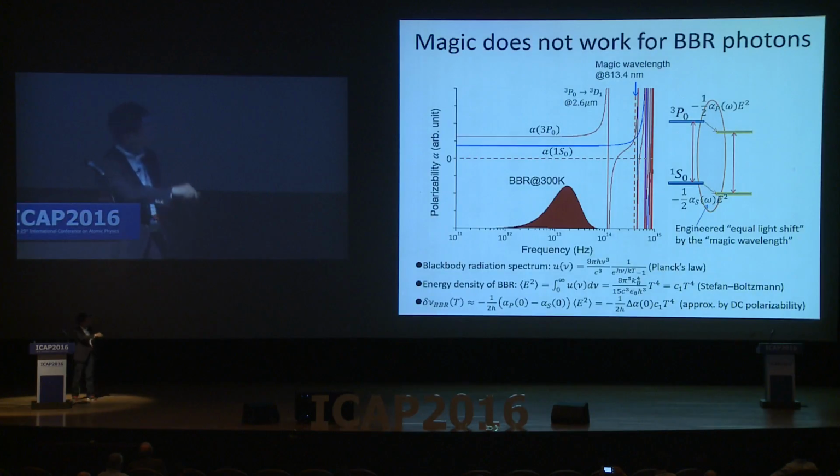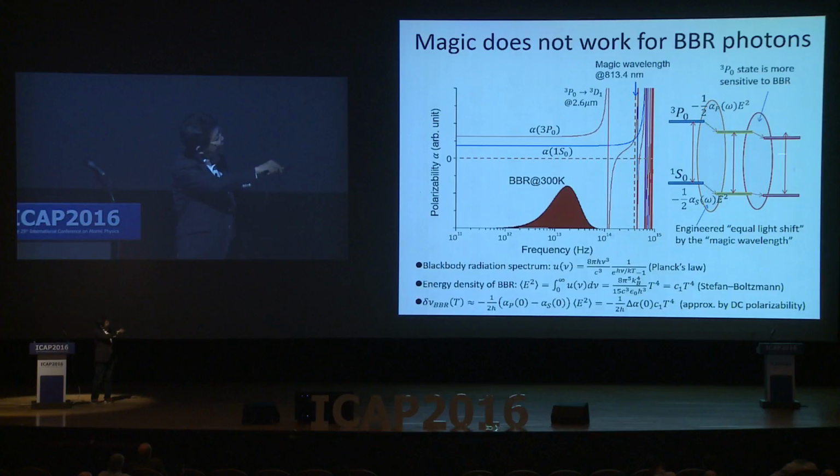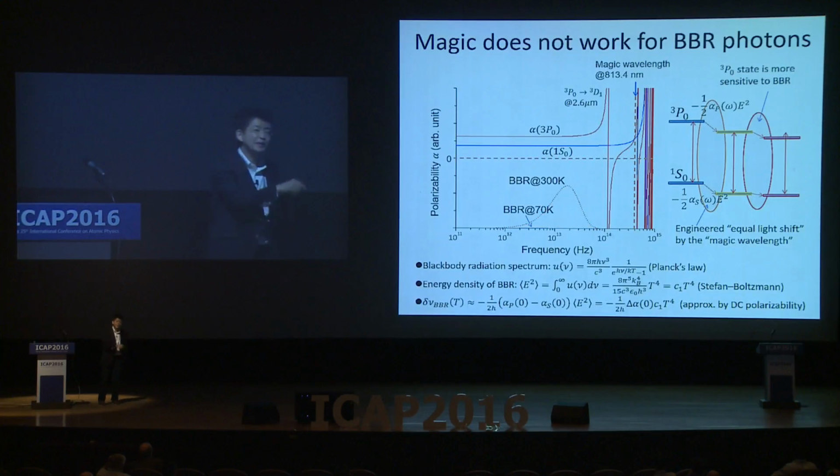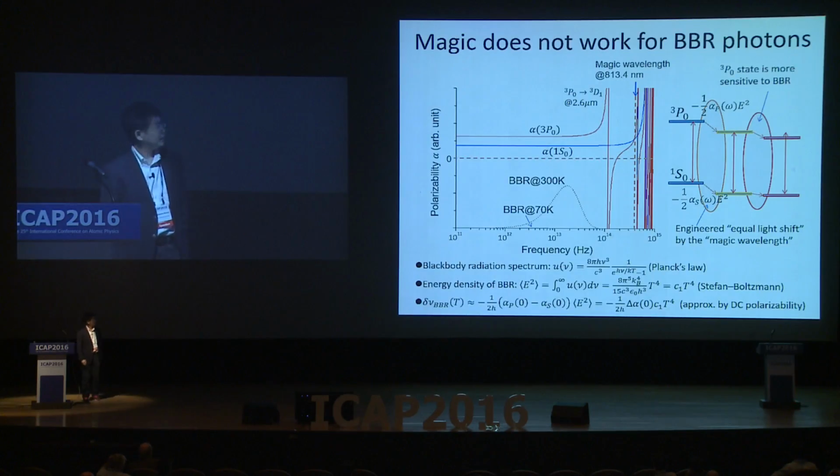But the problem is the blackbody radiation shift at around 10 micron, which gives an additional shift of 2 Hz at room temperature. But this blackbody radiation energy is proportional to T to the 4. So by just decreasing the temperature down to 100 K, it almost disappears. We can reduce it by a factor of 100 by doing so. This is what we are doing.